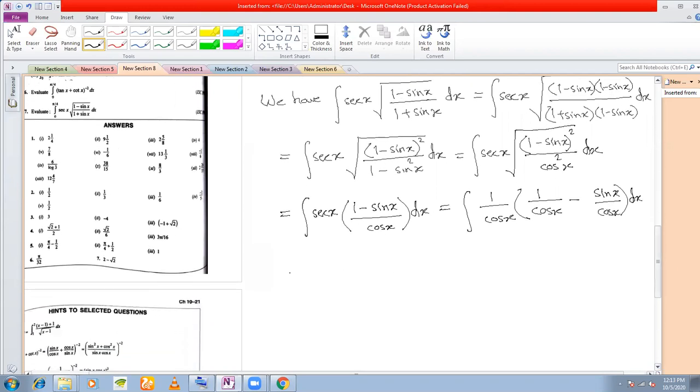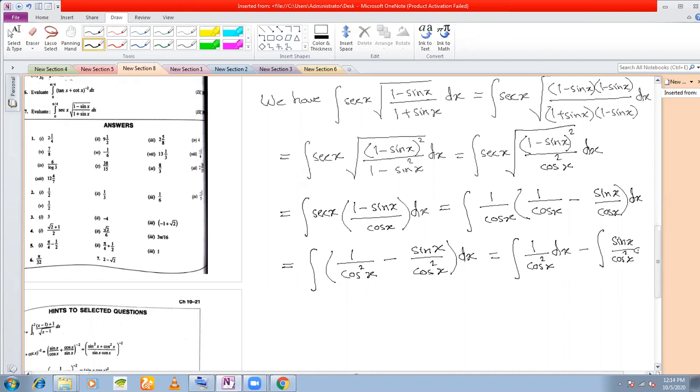So now if you multiply 1 by cos x throughout, you get 1 by cos square x minus sin x by cos square x dx. So what you get here is integral 1 by cos square x dx minus integral sin x by cos square x dx.